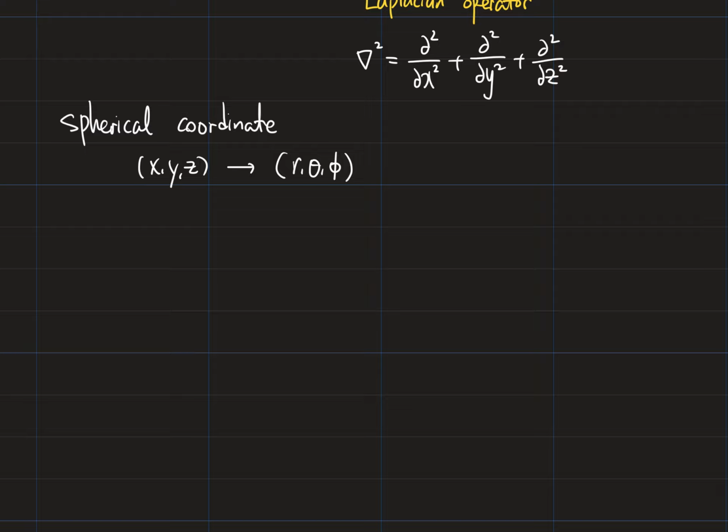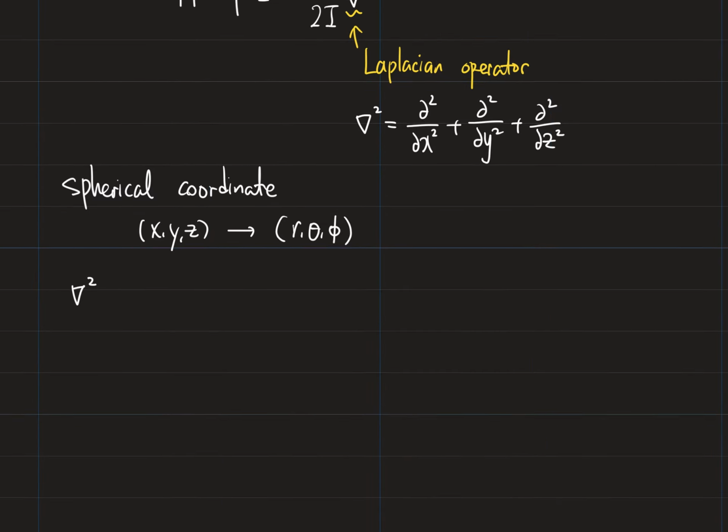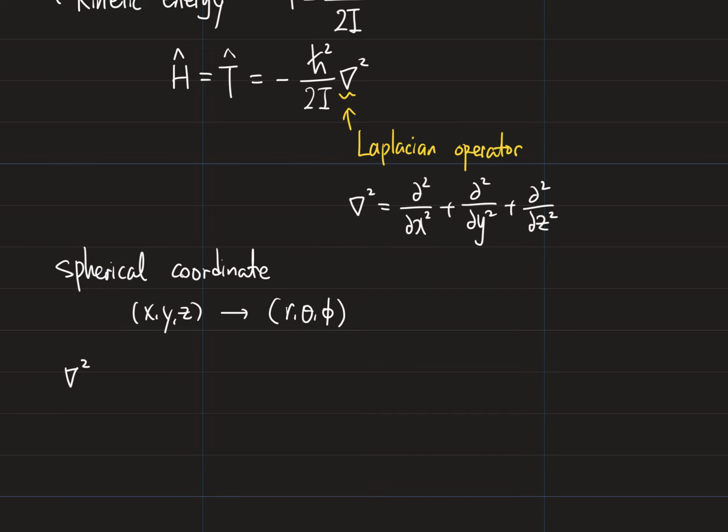But then what about the Laplacian operator in the spherical coordinate? We have to know the explicit expression of the Laplacian operator in the spherical coordinate, because we want to solve the Schrödinger equation in the spherical coordinate.